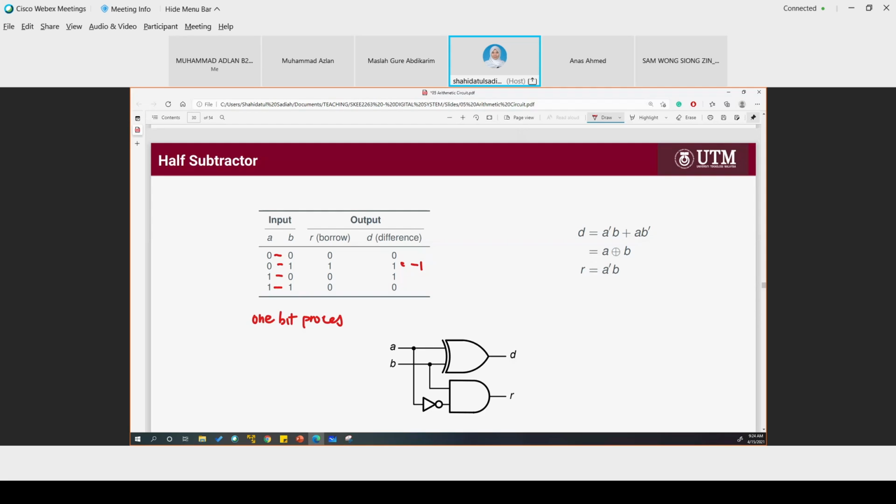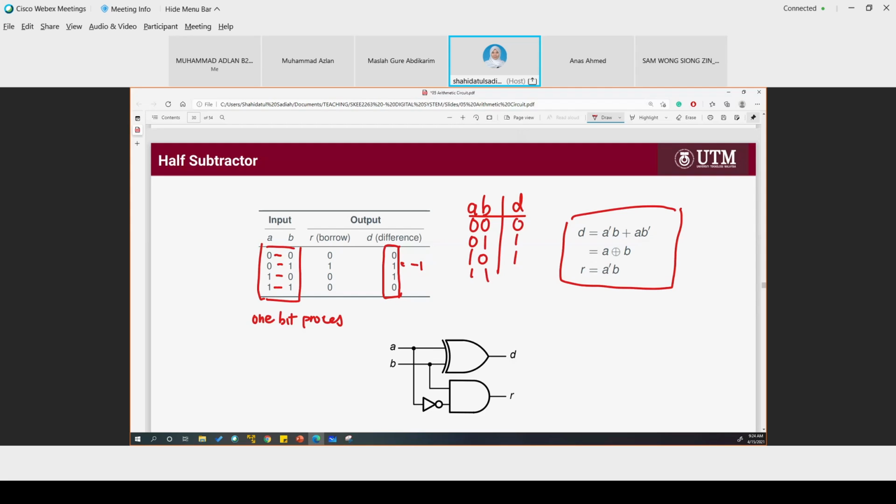And the subtractor can be derived like this because, as you can see, the D here, if you put it in a truth table, it will become an XOR truth table like A, B, D: 0, 0, 0, 1, 1, 0, 1, 1, that's 0, 1, 1, 0.